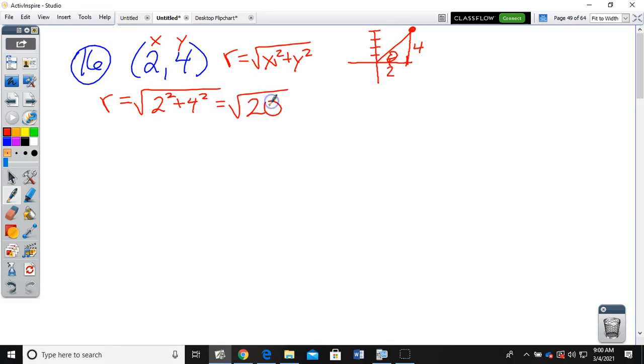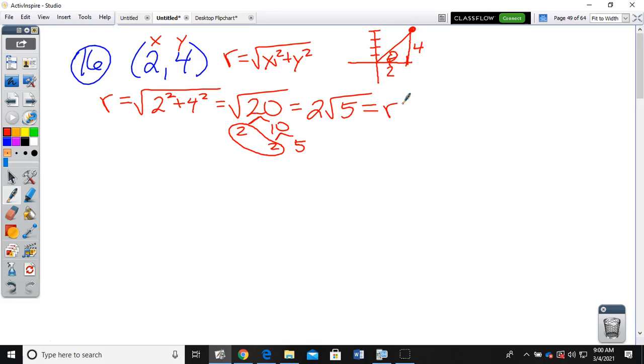That is the square root of 20. Can you reduce 20? Yes. That'd be 2 and 10, and that would be 2 and 5. So we have a pair of 2's, square root of 5. Is the r always going to be the hypotenuse? Correct. The hypotenuse is your r.